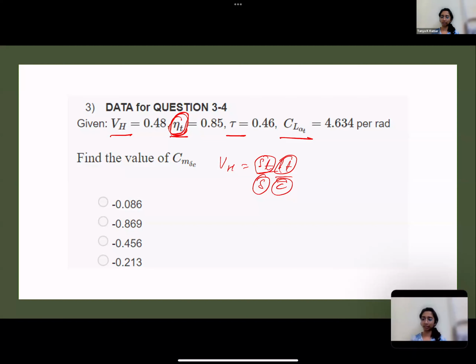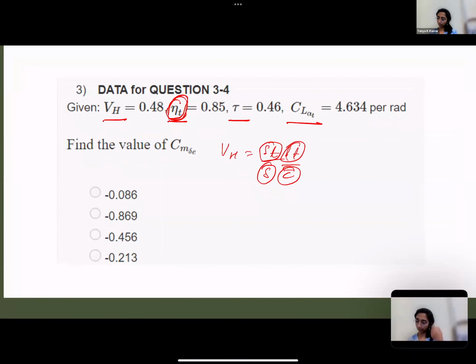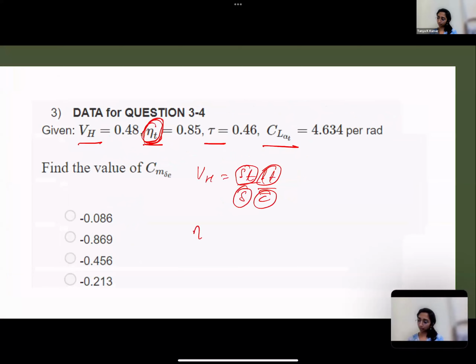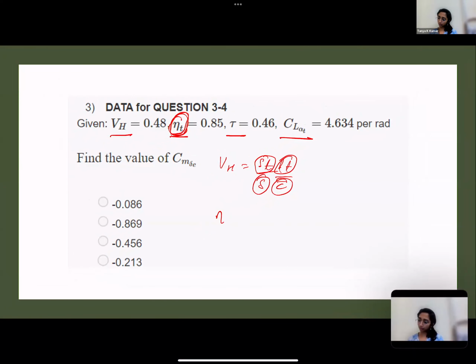Mostly that's where we use it. It is a tail efficiency factor. So can you tell me what it means, or what is the equation? Eta tail is equal to what? Why does it come into place?